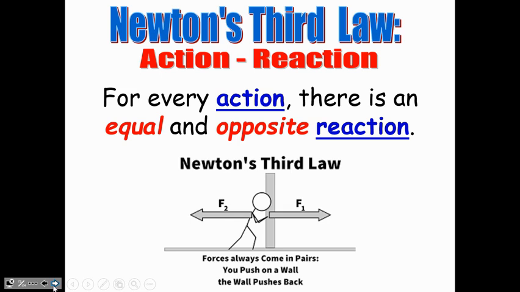So in this sense, forces will always come in pairs. You cannot push on something without it pushing back on you. For example, if you push against a wall, that would be maybe the action force. The reaction force is the wall pushing back on you. That is Newton's third law.